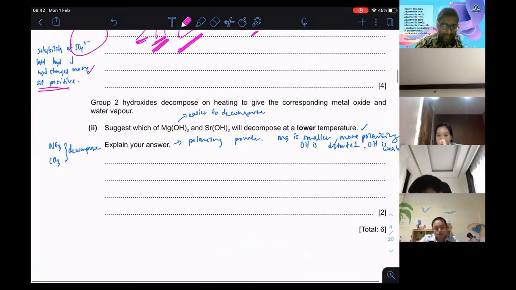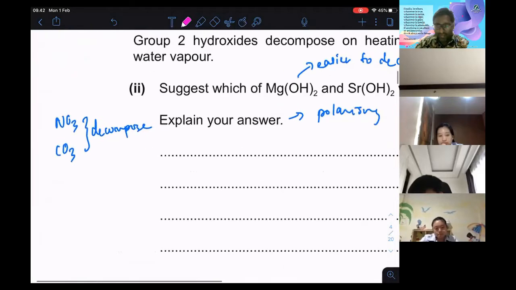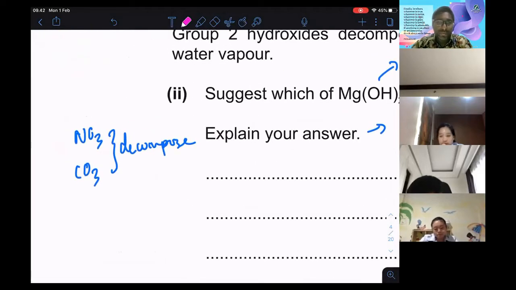Let's have a look at your AS group 2 also, related to thermal stability. Here they are asking about hydroxides, but we have also learned about nitrates and carbonates. The same explanation applies to thermal stability for nitrates, carbonates, and hydroxides going down the group.